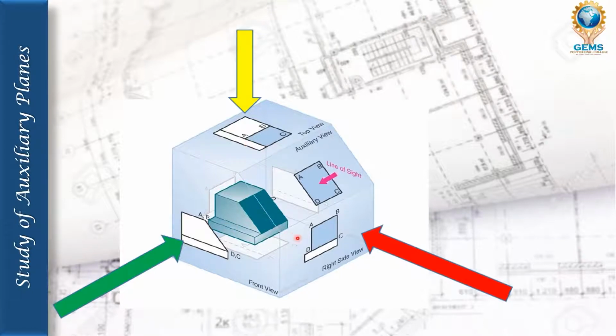If I see from the right side, I will see this gap. There will be a gap here, so that gap is shown here. I can see this gap from the right side view. This is the object and this is sloped, but in the right side view I cannot see the slope. It will be a straight line only.